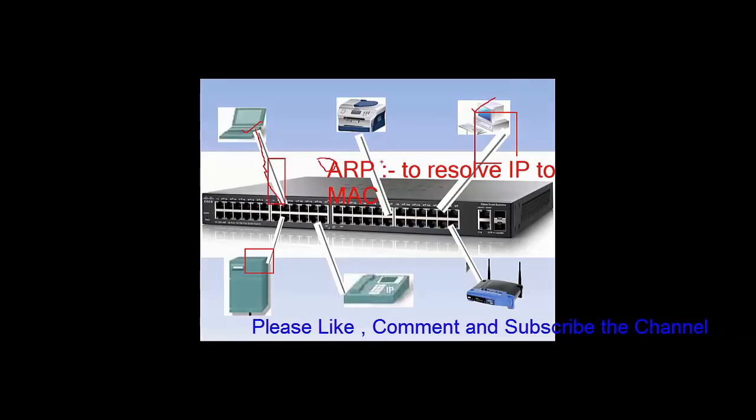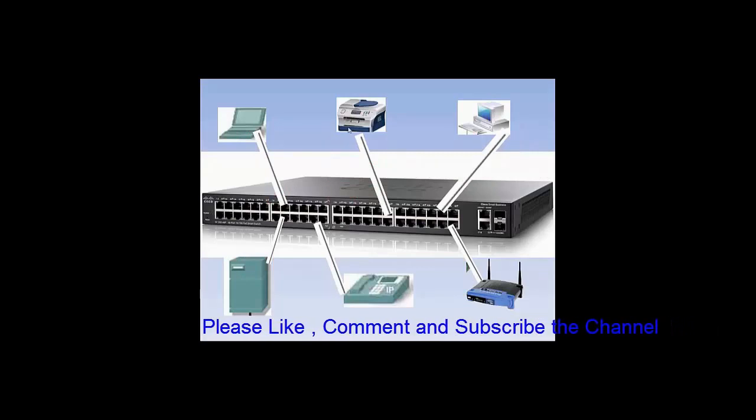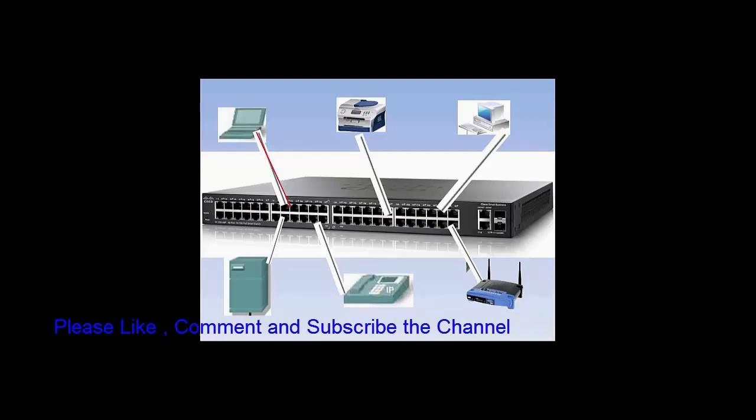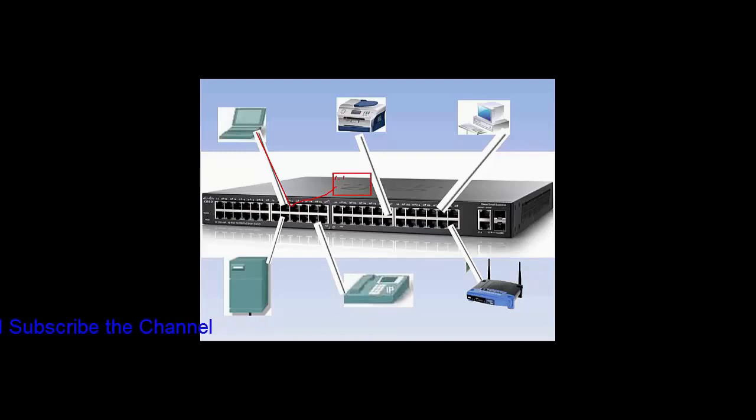So first time, when this particular switch does not have any database, the packet reaches this particular port and goes to the ASIC, the generic processor here, but it does not know anything. What it does is note down the source MAC. For the packet coming from this machine, it notes down that this particular MAC is attached to this particular port.